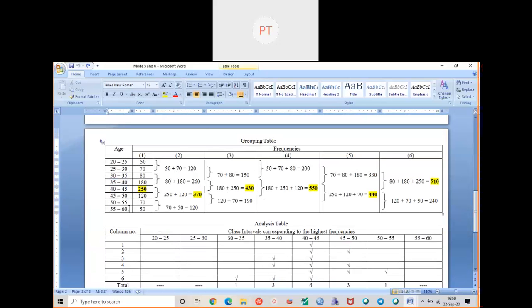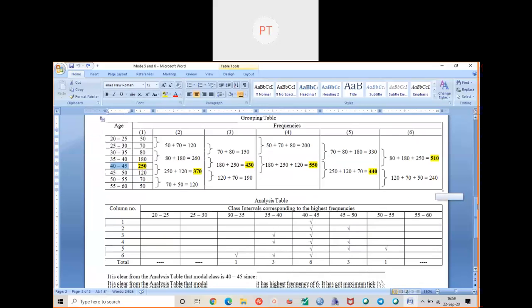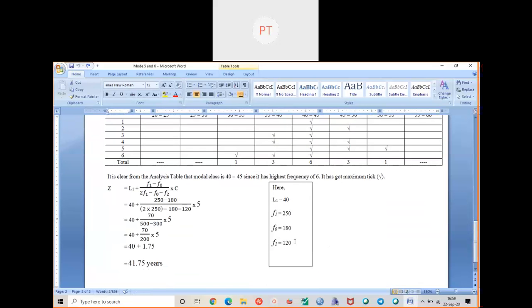This is a simple question, so the class size of every class is the same, 5, but sometimes the class size may vary. So focus on that particular given class. C is the class size; let me write here, C equals 5.